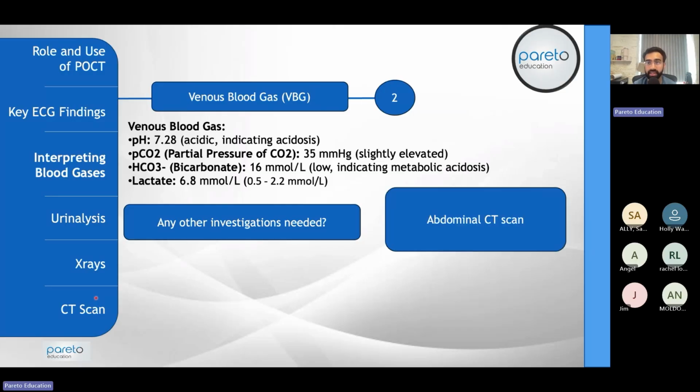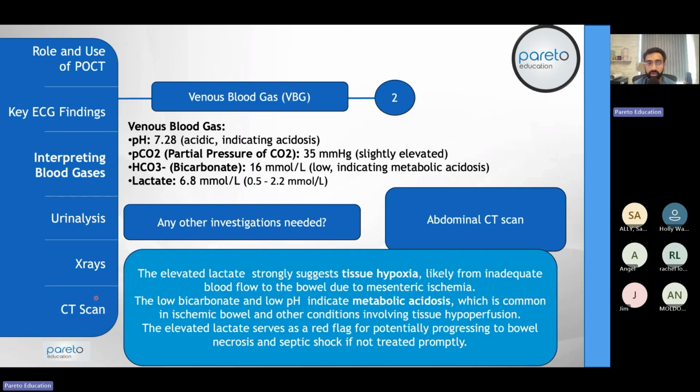So an abdominal CT scan is really, really important. The elevated lactate here strongly tells us that there's some form of tissue hypoxia because of inadequate blood flow to the bowel. Could be because of mesenteric ischemia, a perforated DU, or pancreatitis. All of these instances can cause the pH to drop, can cause this abdominal pain, can cause these patients to be that unwell.